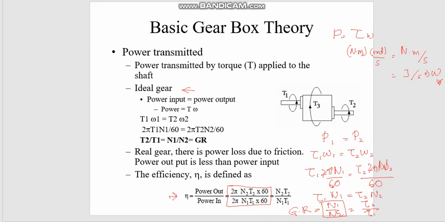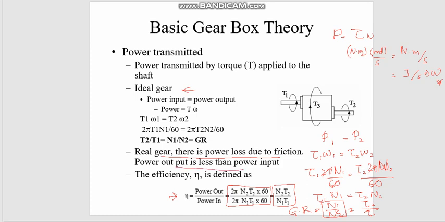So if you do the math, what we get is n2 t2 divided by n1 t1 equals efficiency. And usually for a real gear system, there is a power loss due to friction.